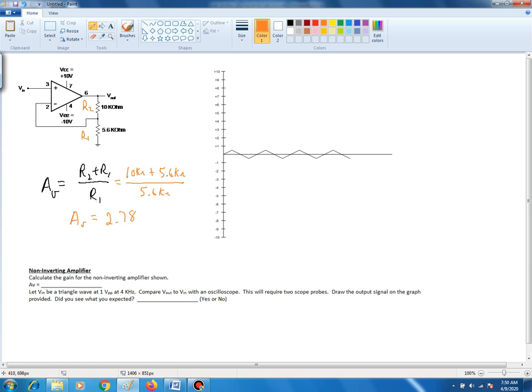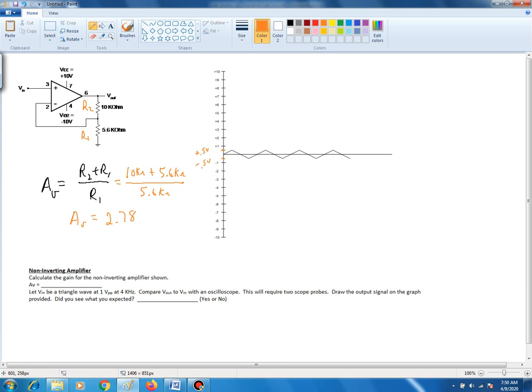In analyzing the input signal, which is a 1 volt peak to peak triangle wave, I know that the height of the triangle wave right there is at positive 0.5 volts. And I know that on the negative side, we're at negative 0.5 volts.